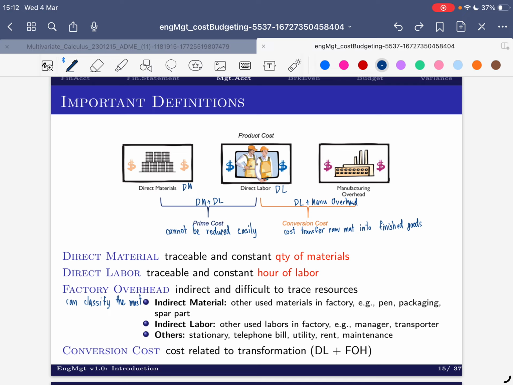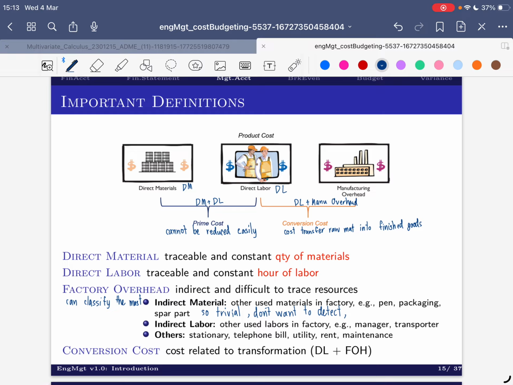But indirect is maybe so trivial that you don't want to detect it. Other examples can be sticker labels, some kind of manual equipment, anything that is used to complete your product but is not worth tracing.